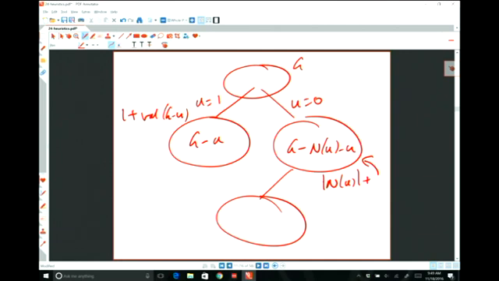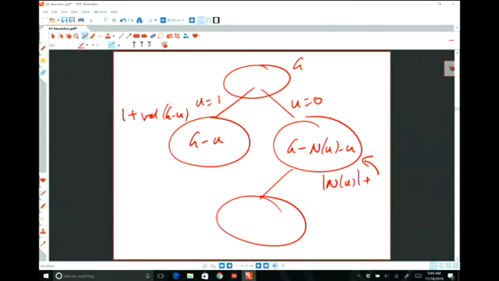Suppose when I'm doing this exploration, I know the graph has a vertex cover of size 100. If I know that if I go down and explore this graph, I will only get a vertex cover of size 101, then I don't need to go down that path. So that means I need to have a lower bound on the vertex cover size of that graph.